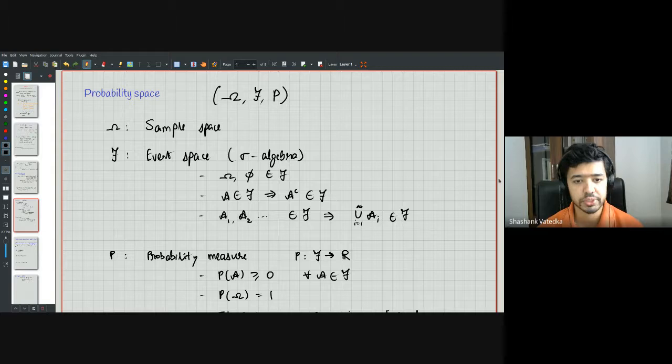What are the outcomes that you're interested in? You may or may not be interested in all outcomes of the sample space. So you have omega, which is a set, and F, which consists of subsets of omega.